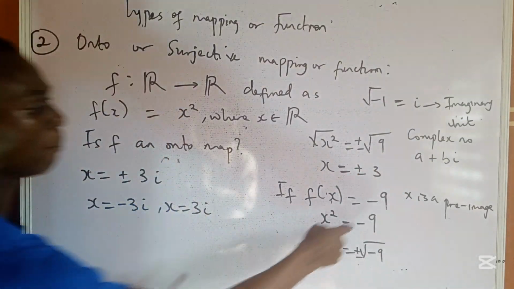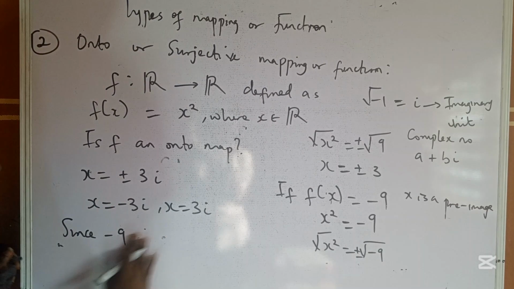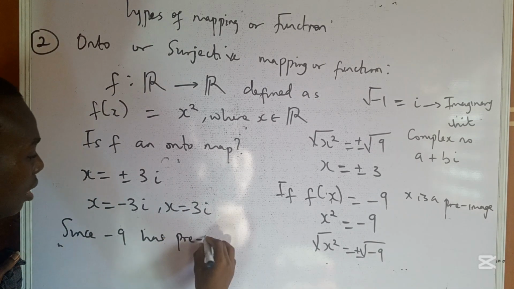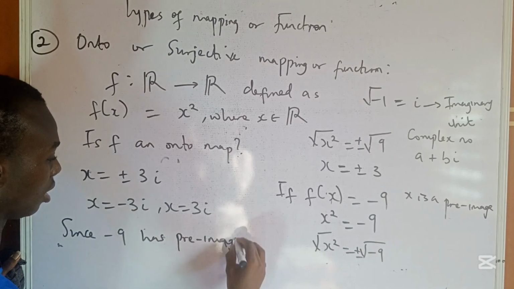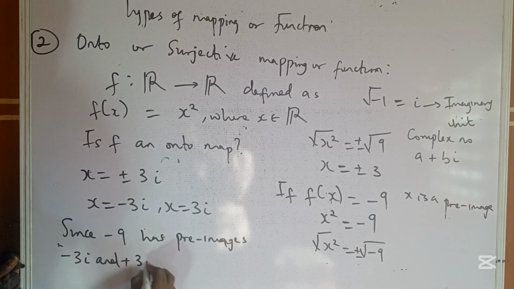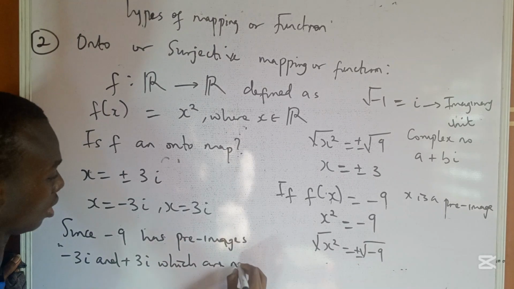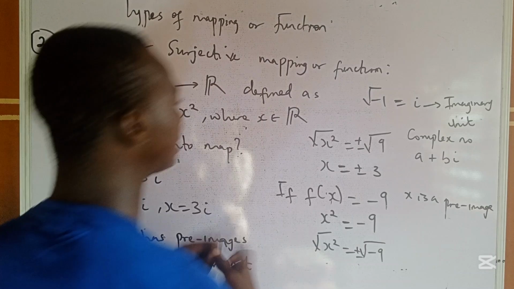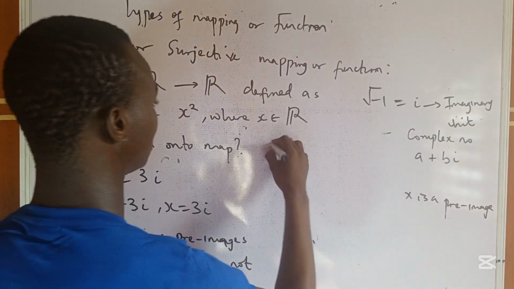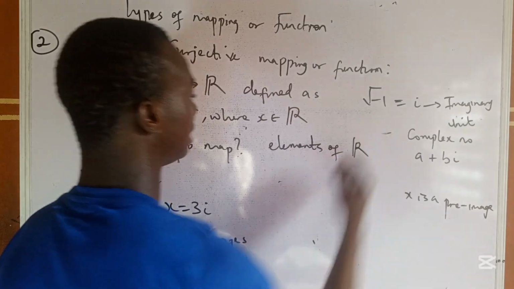So since minus 9 has an image and pre-images minus 3i and plus 3i, which are not elements of R. I said R is the set of real numbers.